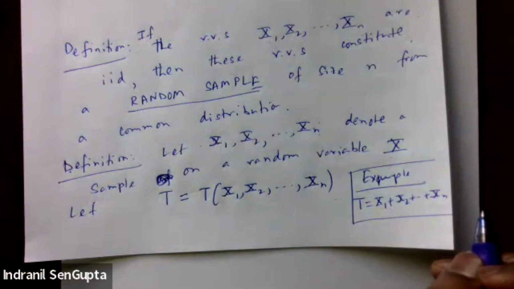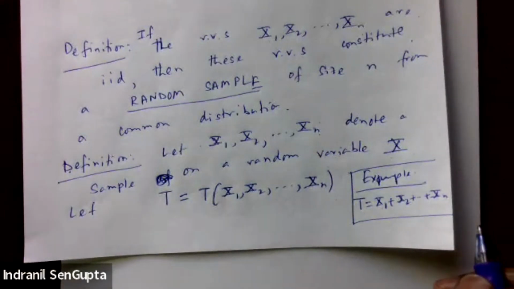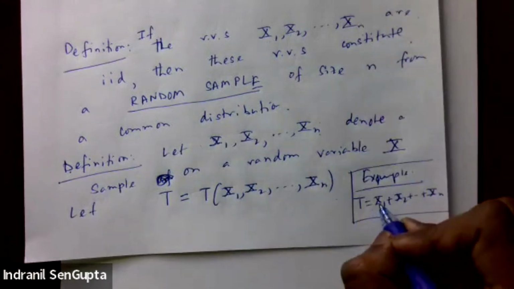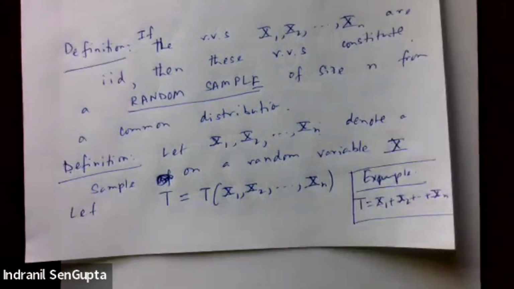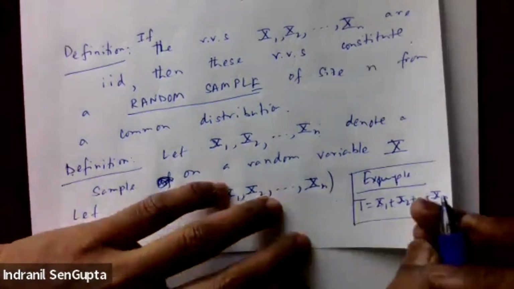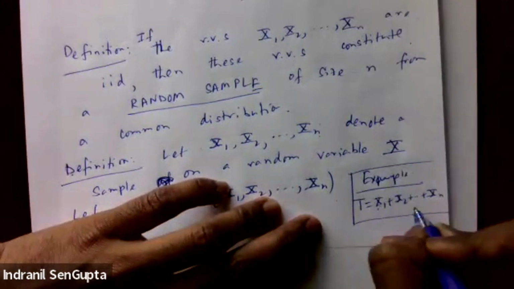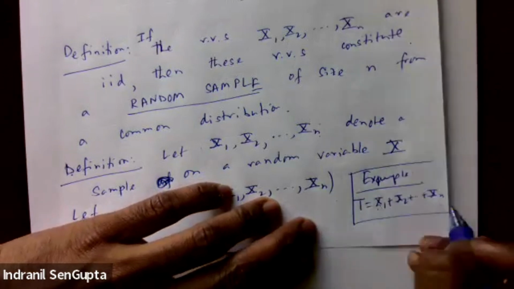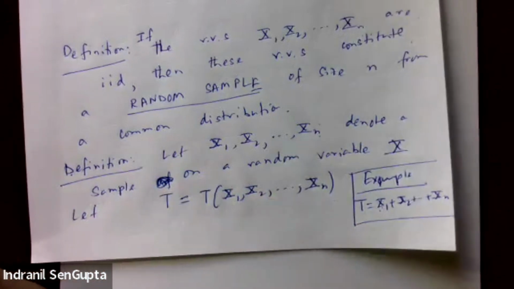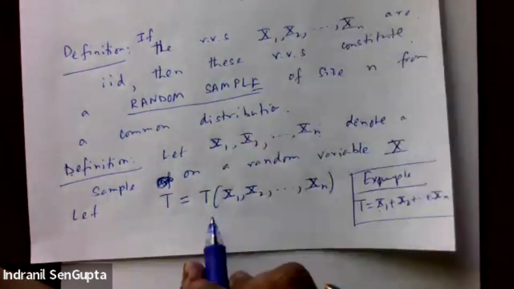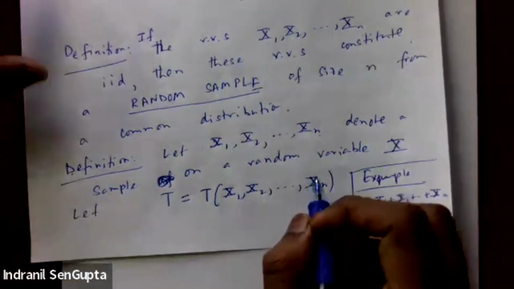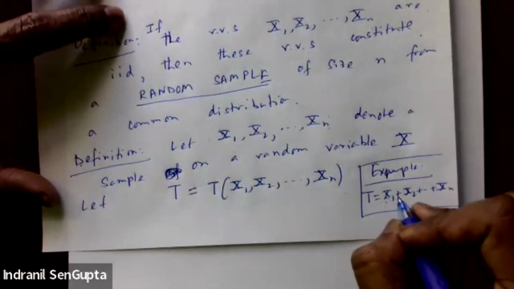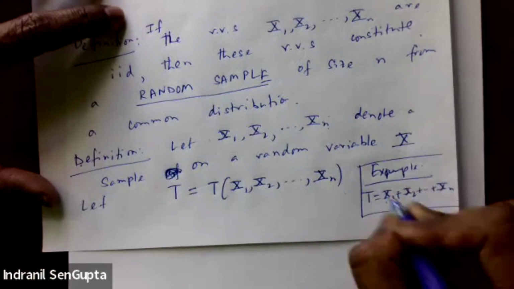Now, if I choose a different sample, meaning 10 other students, then the value of T would be different. X1 would be the first student's height, X2 the second person's height, and so on. So this will be a different number, a different T. Every time I run an experiment, this T value will be different. So T is a random variable. Okay, it can also be the negative of this whole thing if you don't want the number to be positive.